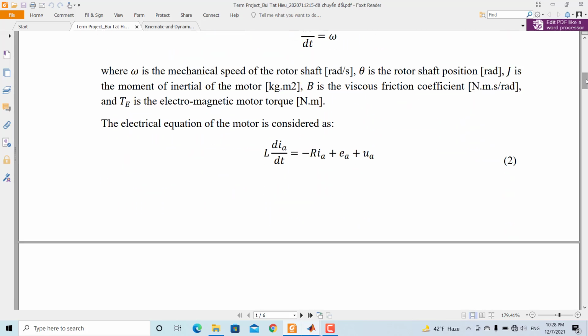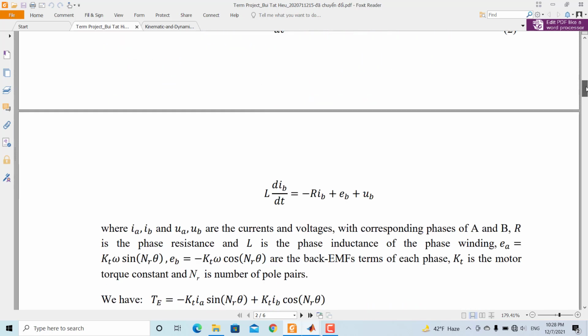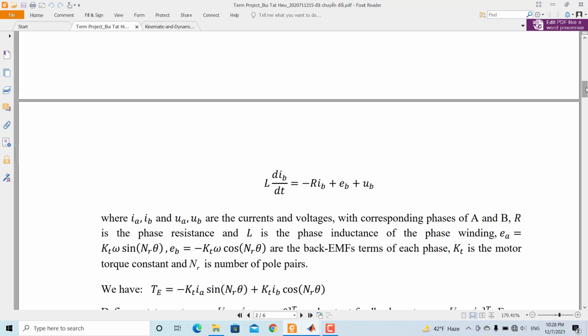The electrical equation of the motor is considered as equation 2, where IA, IB, and UA, UB are the currents and voltages with the corresponding phase A and B. R is the phase resistance and L is the phase inductance of the phase winding.